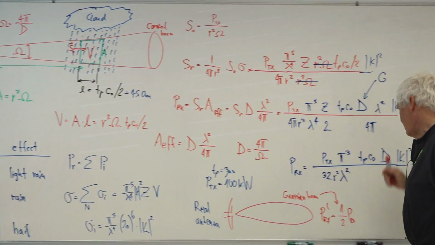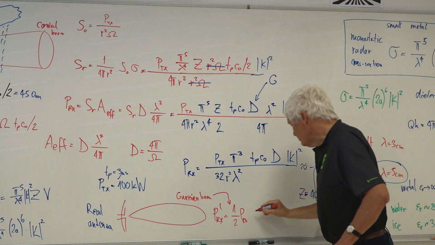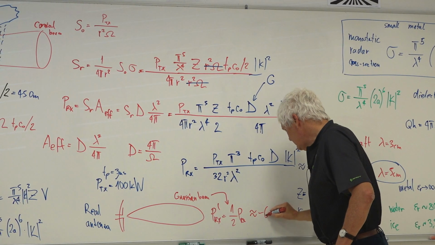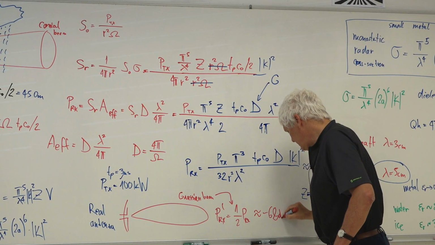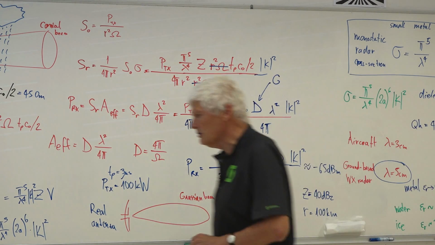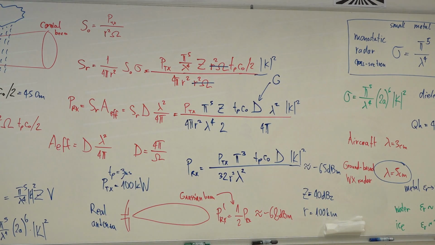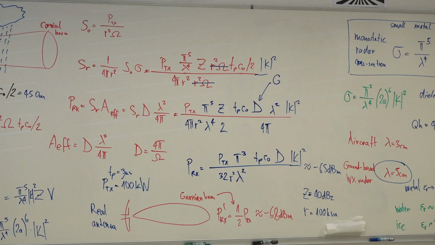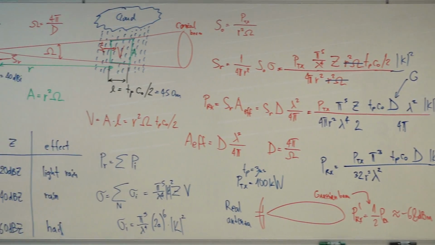So altogether it gives about 1/2. So this gives about minus 68 dBm. I hope I wrote everything, all the equations correctly. It's still a very strong signal, but just to be accurate, I wanted to add this factor down there.